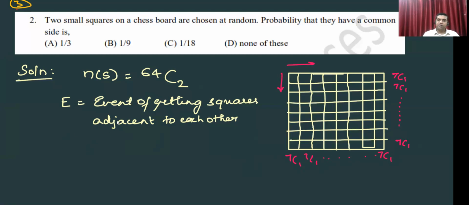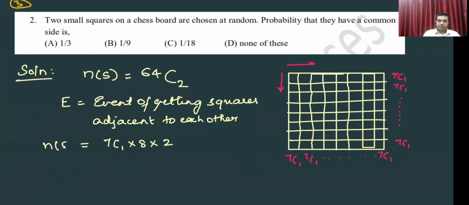Did you get? So I get 7C1 into 8 into 2. Basically it is 7C1 into 16.